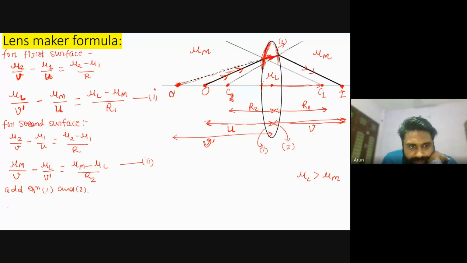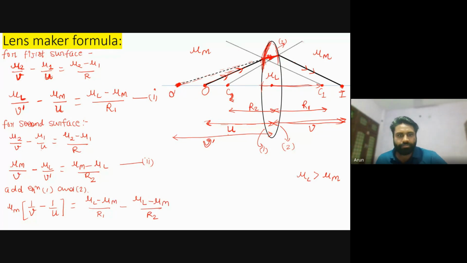The only term we have is mu m common, 1 upon v minus 1 upon u equals to mu L minus mu m by R1, plus, we have added, but if I take minus common from here, it will become mu L minus mu m by R2.